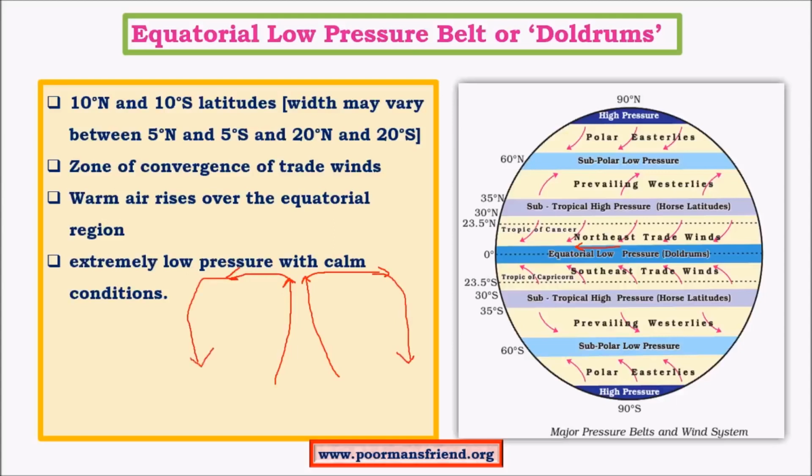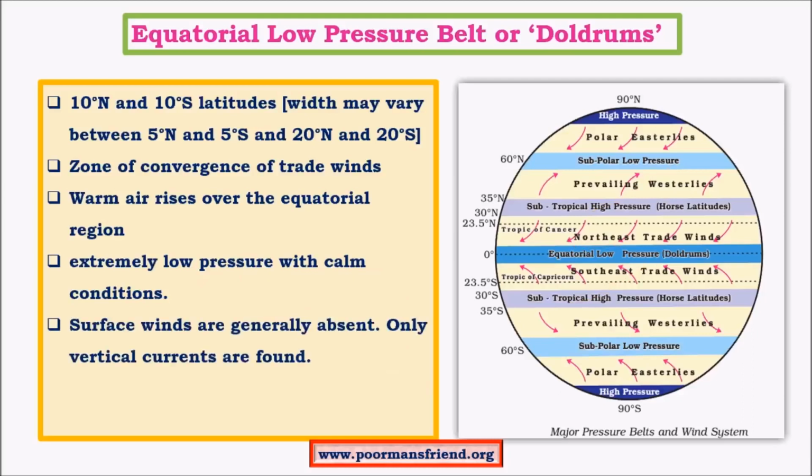This is because the air gets cold and denser. As a result, it falls back to the earth, and this zone where the air falls is called the subtropical high pressure zone. So both the subtropical high pressure zones are the ones where there is subsidence of air. We'll see that later.